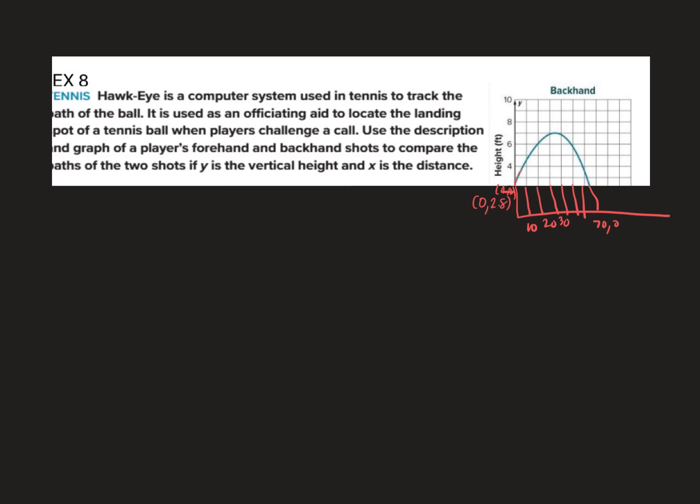So, actually the verbal description, in that verbal description, which I'm so sorry it's not on your paper, compared to our graph, the maximum height in the verbal description is 10 feet when x is 29.